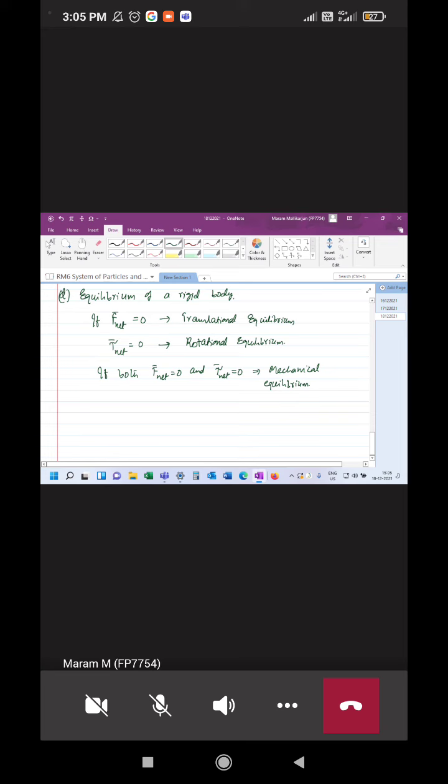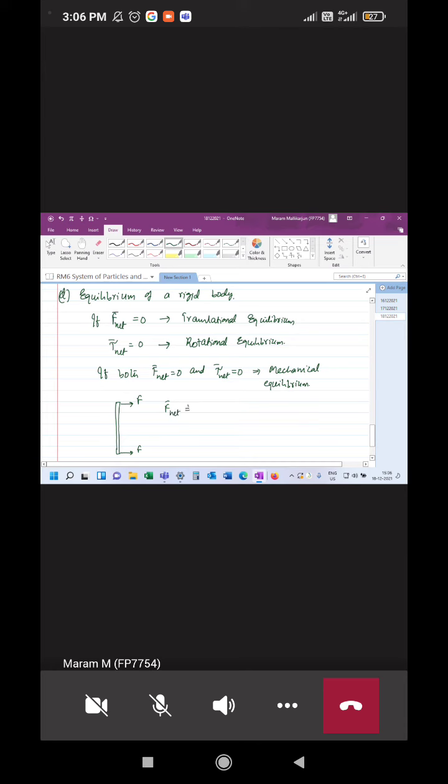Let's take a simple example here. The rod, as I said, if you keep a rod on a smooth table, you apply a force F in this direction, and another force also in the same direction. Does it rotate? It doesn't rotate. It is in rotational equilibrium. Net force is not 0, but net torque is 0.